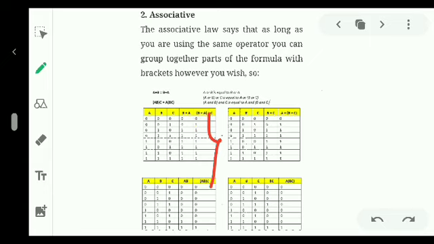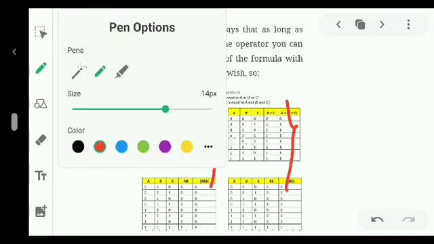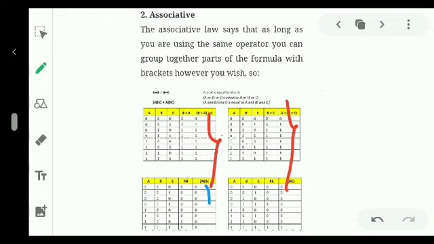In case of multiplication, if you check AB into C, we get the result 0, 0, 0, 1, and in case of A into BC, the same result we are getting.